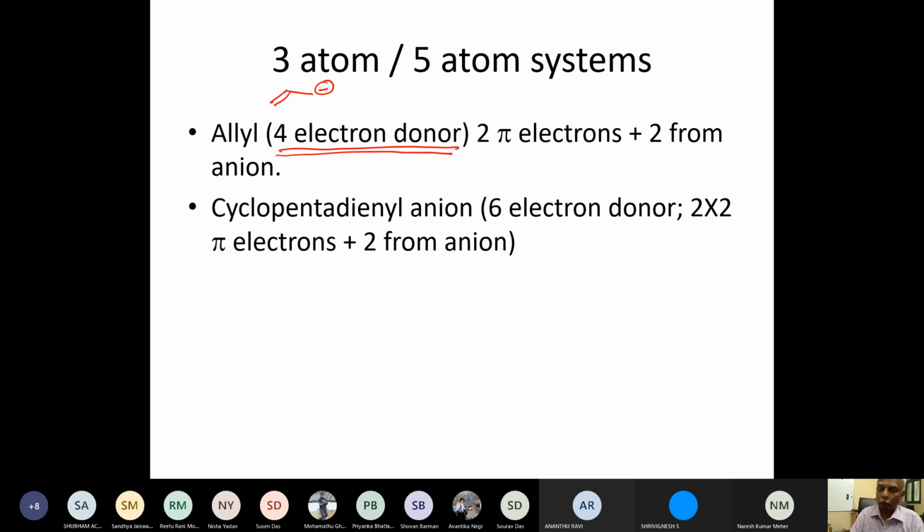It can either be a 2-electron donor or 4-electron donor, depending on the distance between the metal and the 3 carbons. If they are equidistant, then we consider it as a 4-electron donor. If, for example, the metal is far away from the double bond, then it is a 2-electron donor.